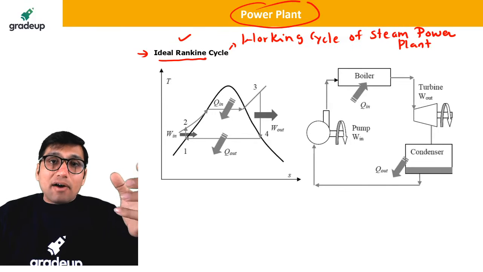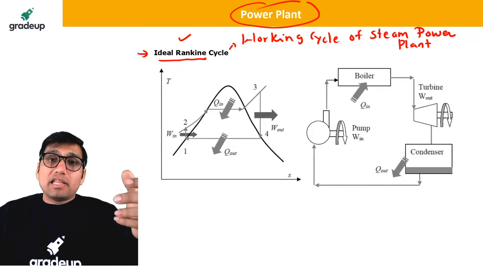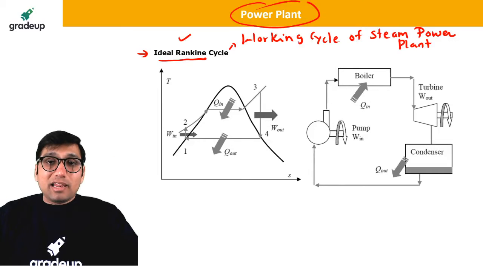After getting heated up, it will change into steam. That steam will be supplied to the turbine for production of mechanical energy, and that mechanical energy will be further given to the generator for converting that into electrical energy.